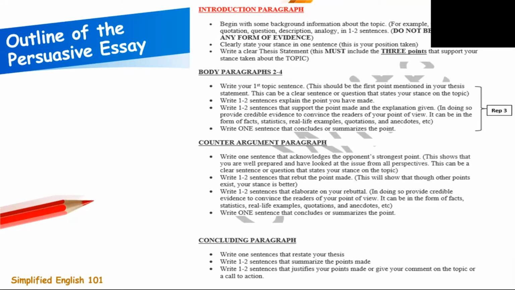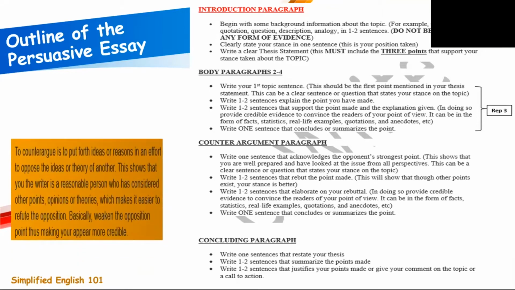You're also expected to write your counter argument, which is the argument that you are going to put forth, or another theory that will try to oppose the opposition. Finally, you have your concluding paragraph, and it wants you to restate your thesis, summarize the points made, and justify the point or call to action.